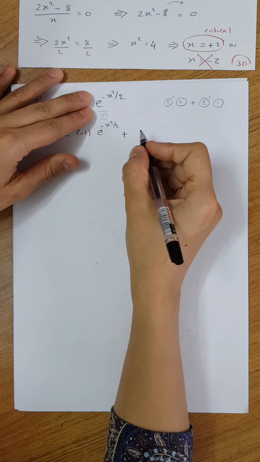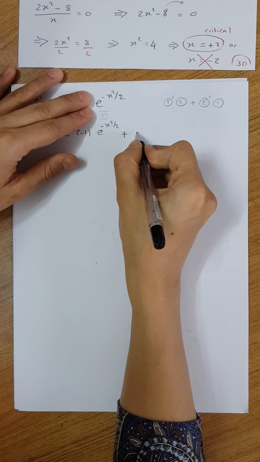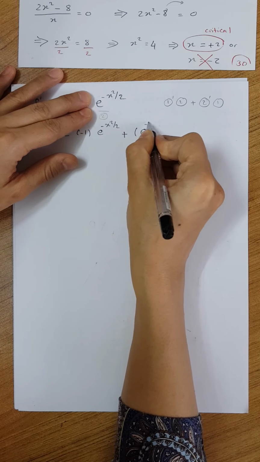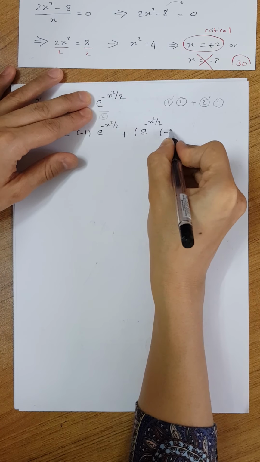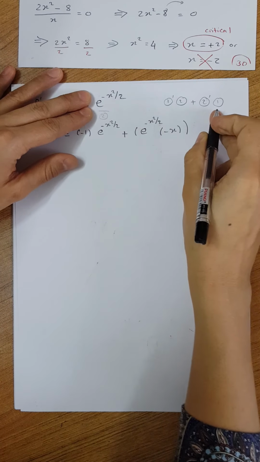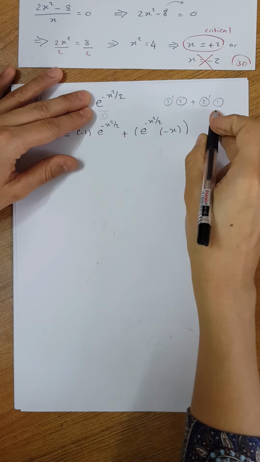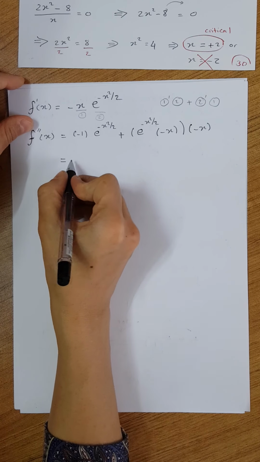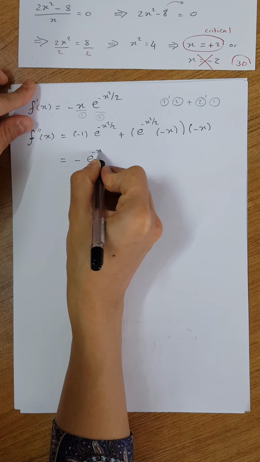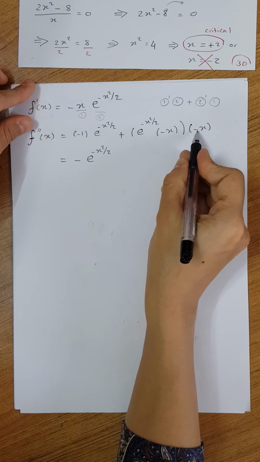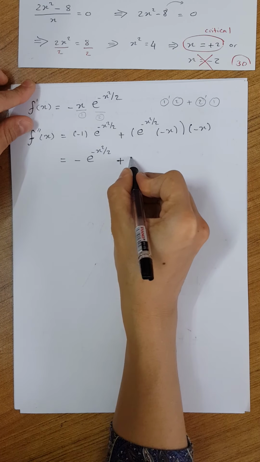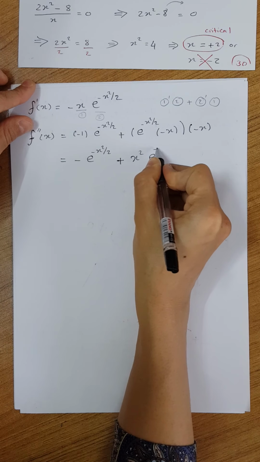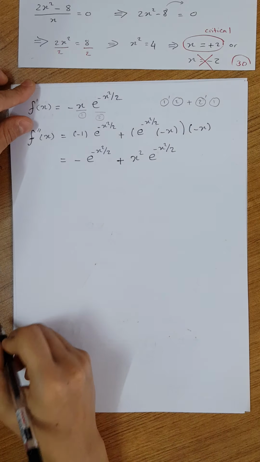Then the derivative of e to the power of minus x squared over 2 is equal to e to the power of minus x squared over 2 multiplied with the derivative of the power, which is minus x, all multiplied with the first function without any change, which is minus x. Now simplifying this, I will get minus e to the power of minus x squared over 2. Minus times minus makes it positive. x multiplied with x will be x squared e to the power of minus x squared over 2.